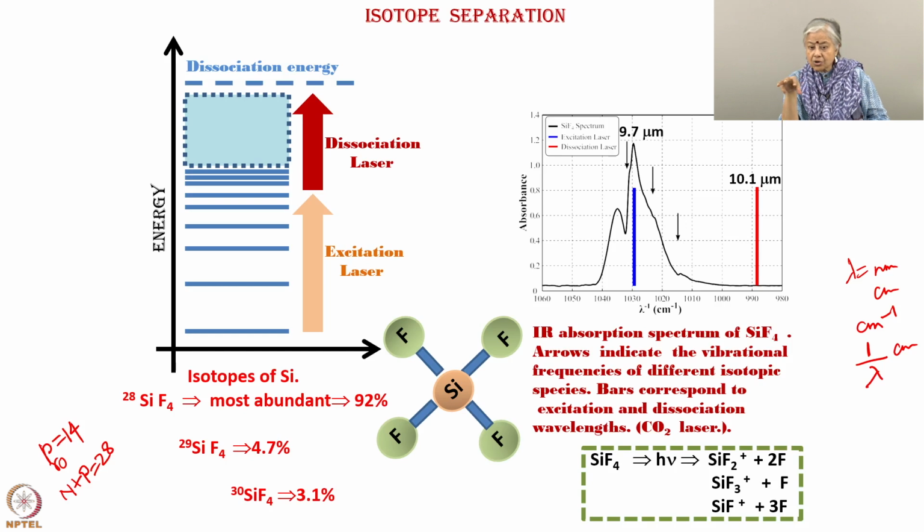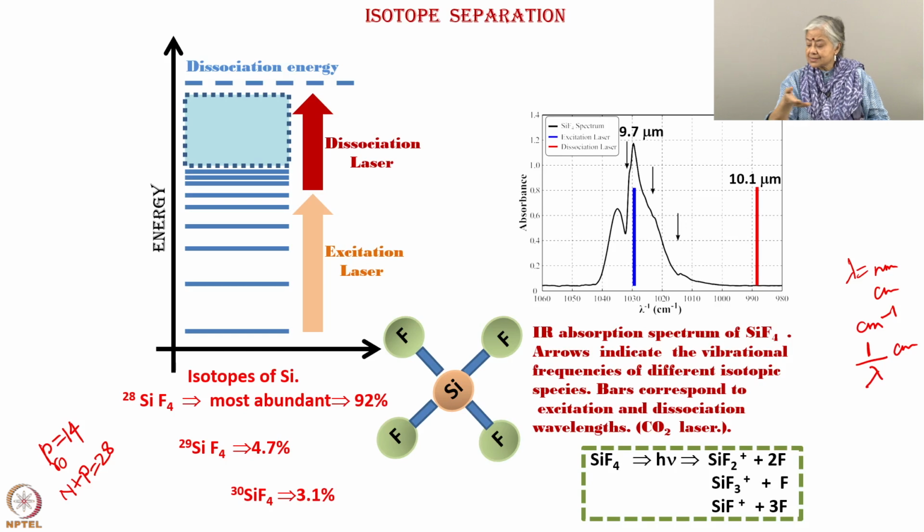And once you have got them dissociated like that, you can use some scavenger elements, as they are called, to react with SiF2 plus, that is an ionized state, SiF3 plus is an ionized state, SiF plus is again an ionized state. So you can use some other element to work with that and you separate it out.